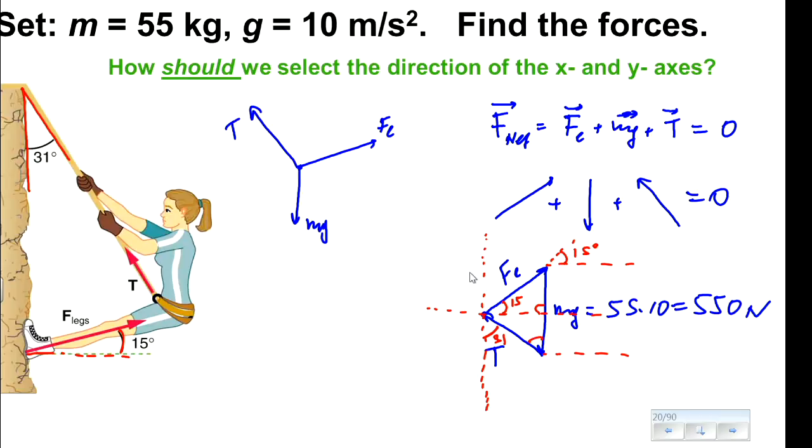So that's supposed to be again 31. That is the geometry. What we have now is two right triangles. Starting from now, all we have to do is just use equations for right triangles.